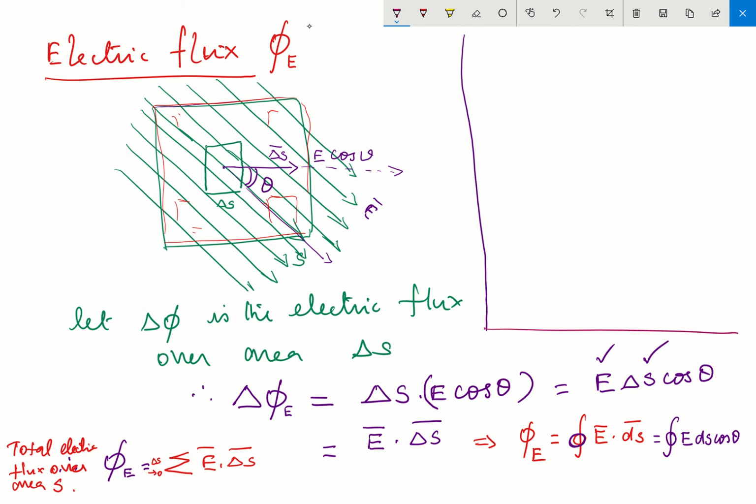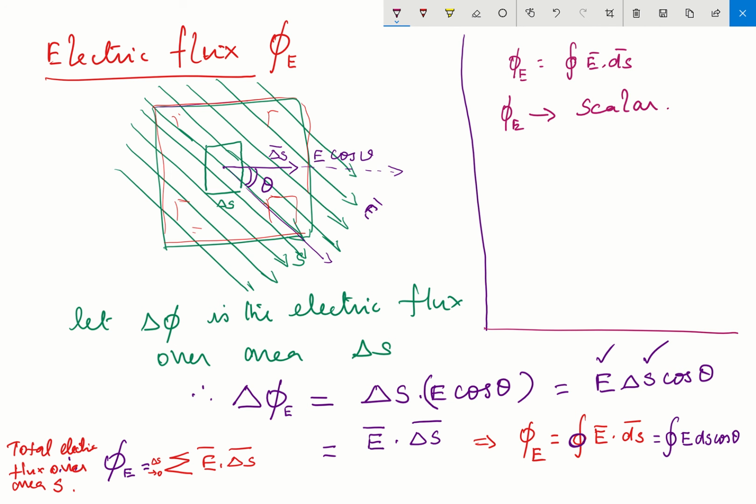You know that phi E, electric flux, is nothing but the integral of E dot dS. It is a dot product between two vectors, E dS cos theta. Therefore, a dot product means phi E definitely has to be a scalar. Dot product of two vectors has to be a scalar. Correct? Are you following?